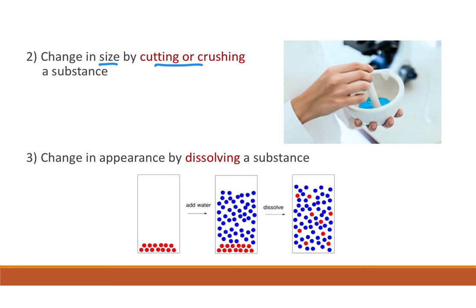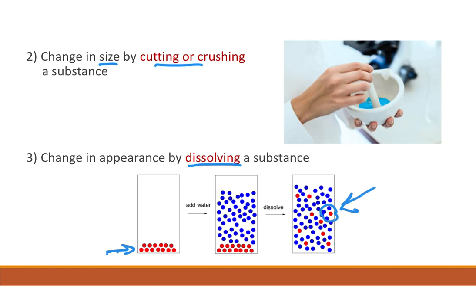And something that many people don't realize is just a physical change is dissolving a substance. It appears that this substance has disappeared into a liquid. So say we have some salt crystals here on the bottom of a beaker, and we add some water and stir it up, and then we see what looks like water because we can't look on the atomic level. We can't see these little particles of salt.